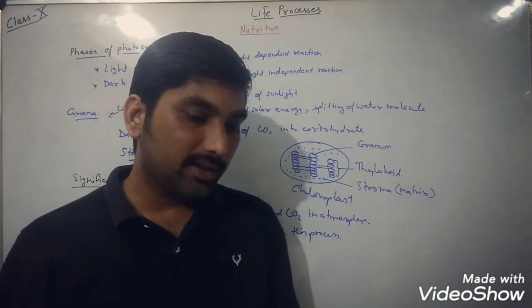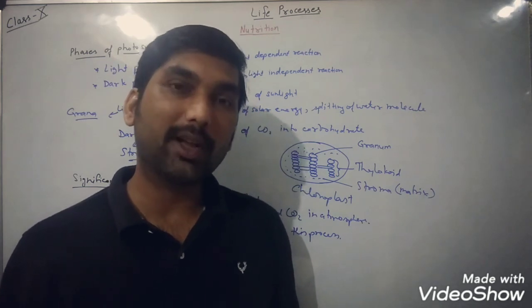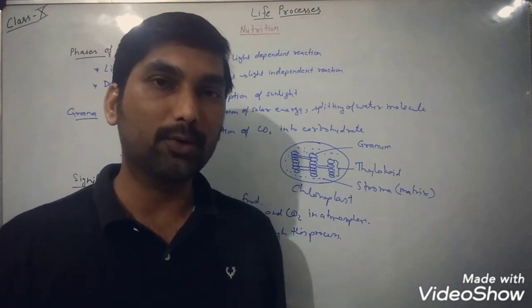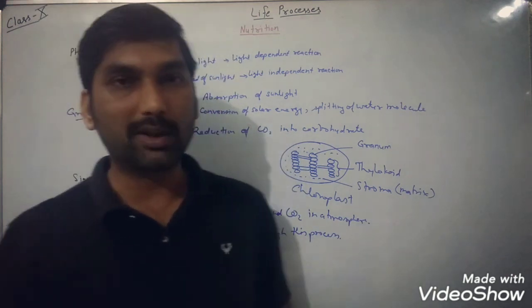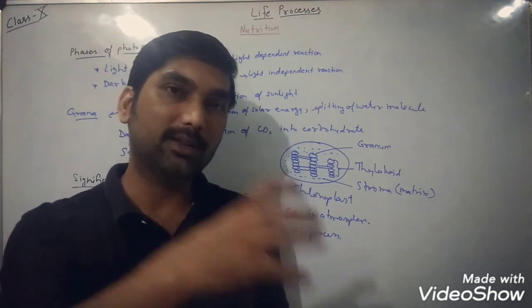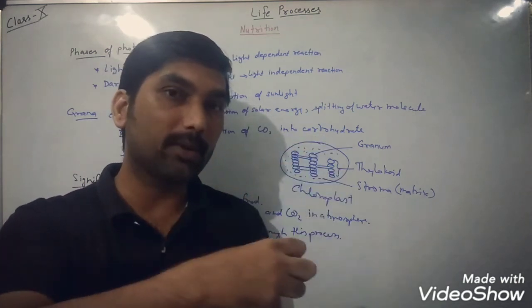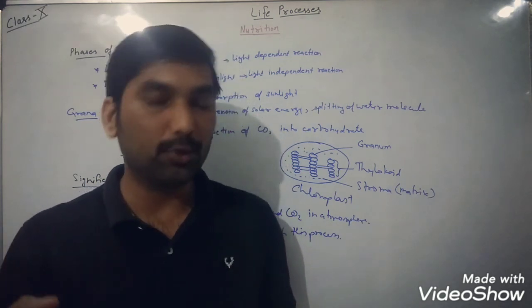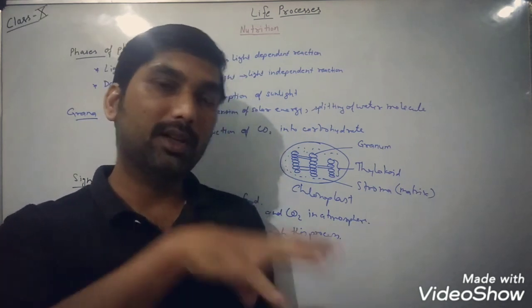One more important experiment demonstrates that carbon dioxide is very essential for the conduction of the photosynthesis process. For this experiment we take potassium hydroxide, and this potassium hydroxide is going to absorb carbon dioxide gas, so that the plant is not going to absorb CO2.